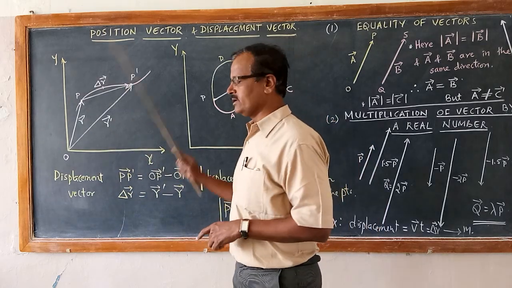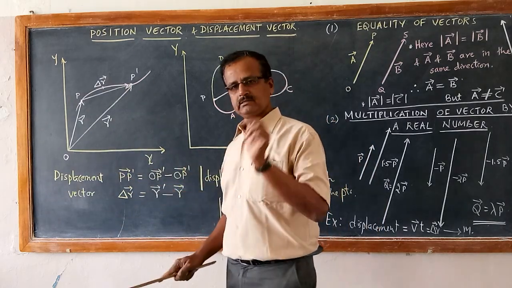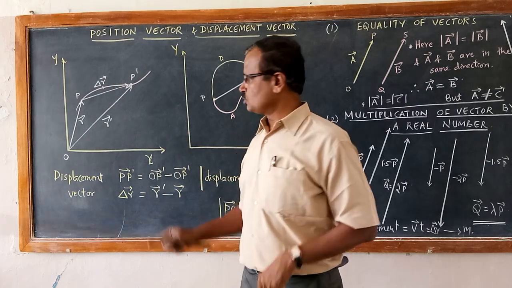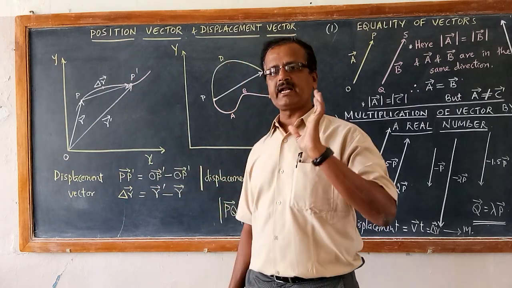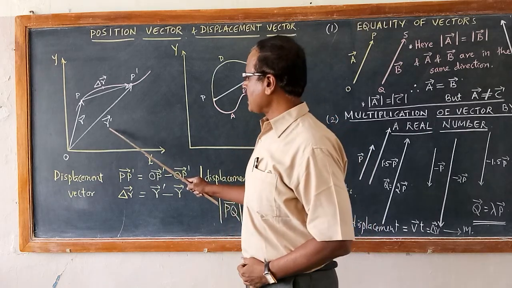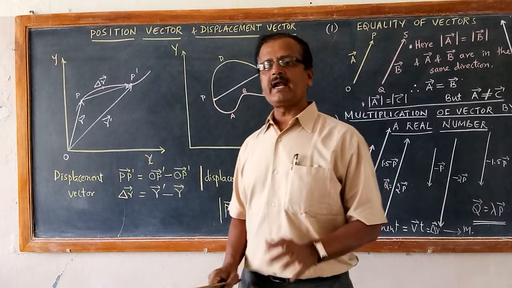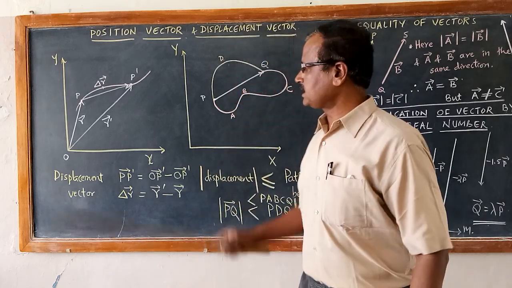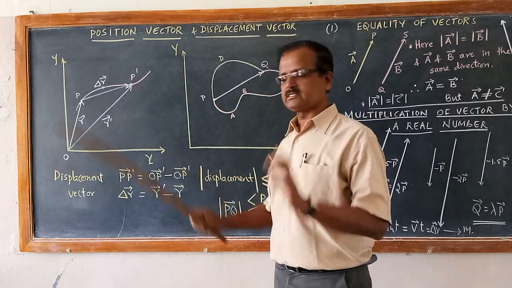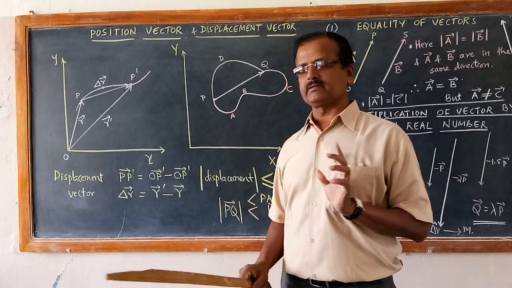Tip means arrowhead. So it starts from O and ends at P dash. So OP dash gives you the direction of the position vector at time t. Let us suppose R dash is the position vector at time t.